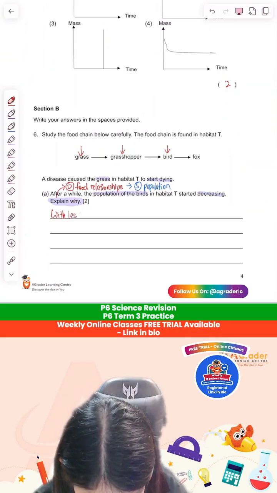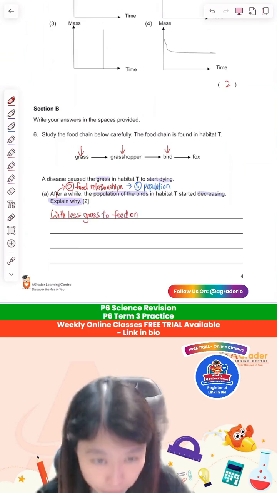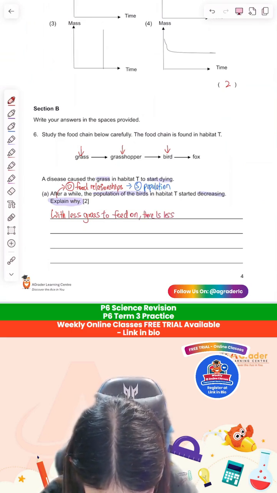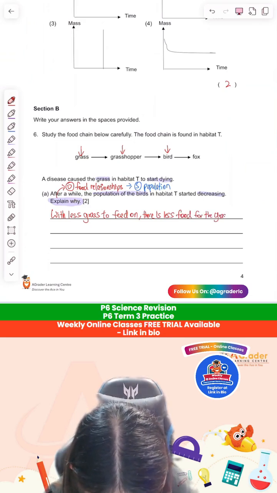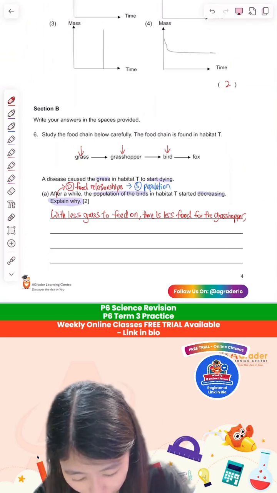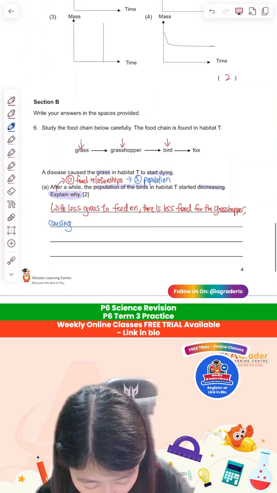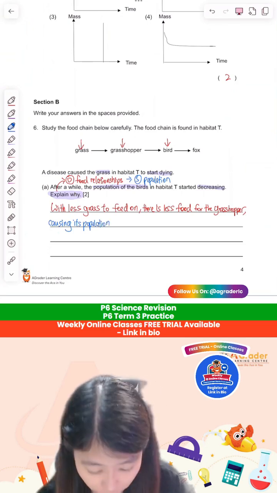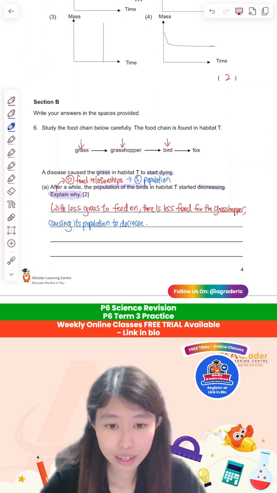So for this, we must say with less grass to feed on, there is less food for the grasshopper. Then I write about the population causing its population to decrease. All right, these will give you 1 mark.